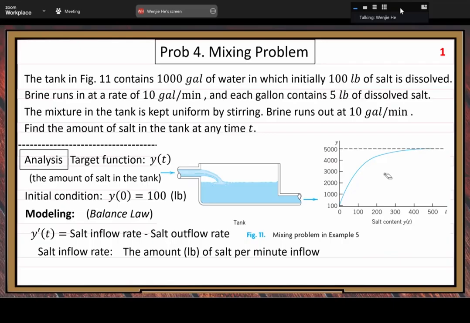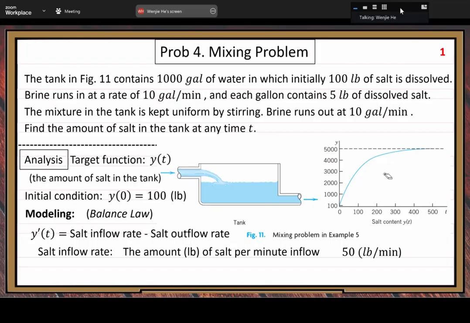In 1 minute, 10 gallons of brine flows in. Each gallon contains 5 pounds of salt.